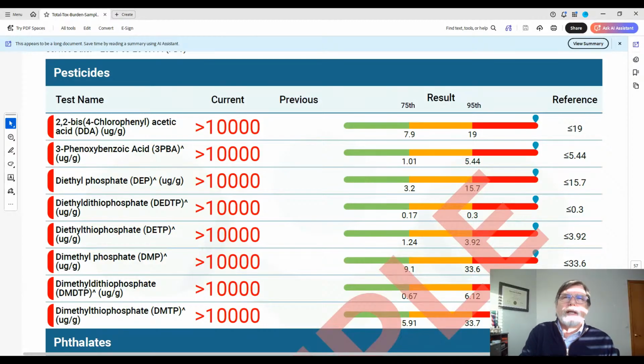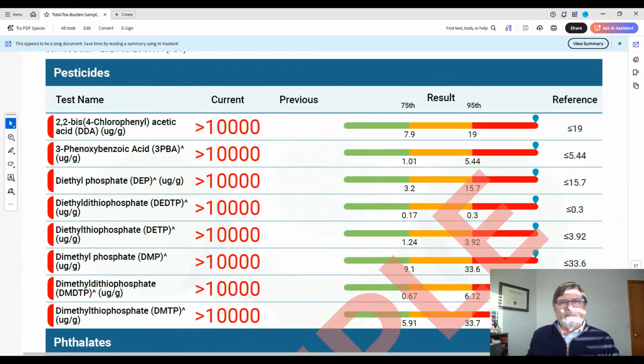DDT hasn't been used in the United States since 1974. And when you see this elevated, and I see it commonly, it suggests probably imported food or maybe some kind of strange environmental exposure, because it's sitting in the environment.